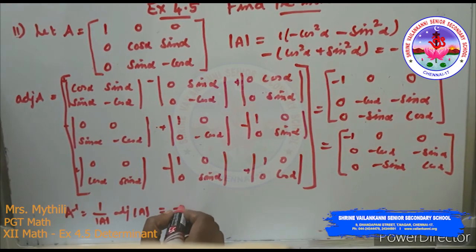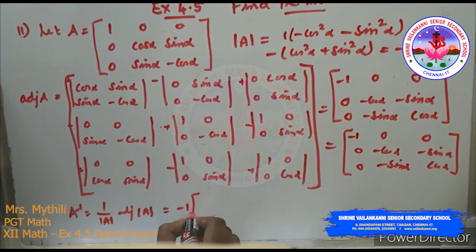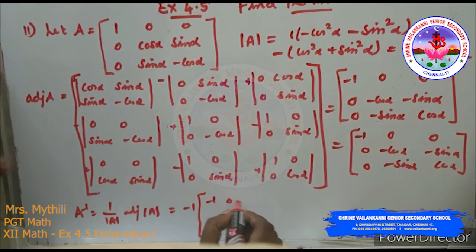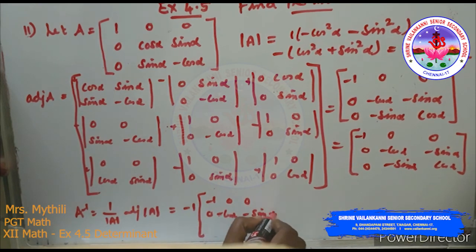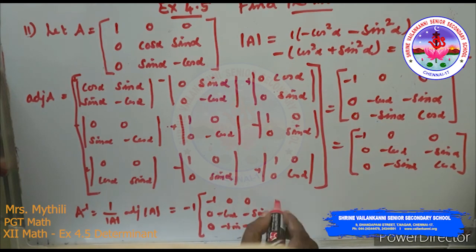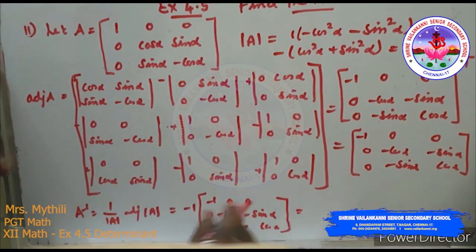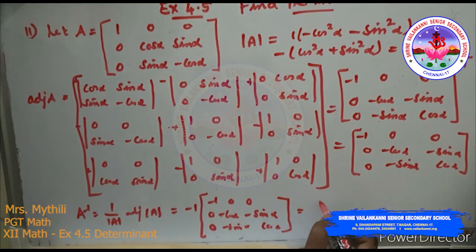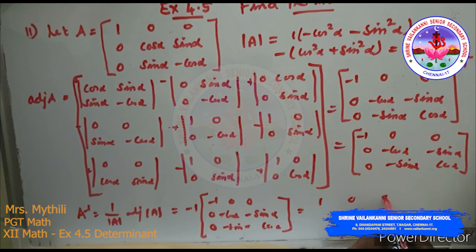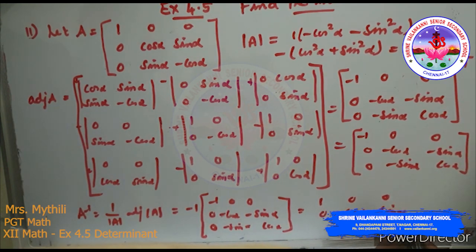So minus 1 into adjoint of A, which is minus 1, 0, 0, 0, minus cos alpha, minus sin alpha, 0, minus sin alpha, cos alpha. Have to multiply this minus 1 into the matrix. Then we get 1, 0, 0, 0, cos alpha, sin alpha, 0, sin alpha, minus cos alpha.